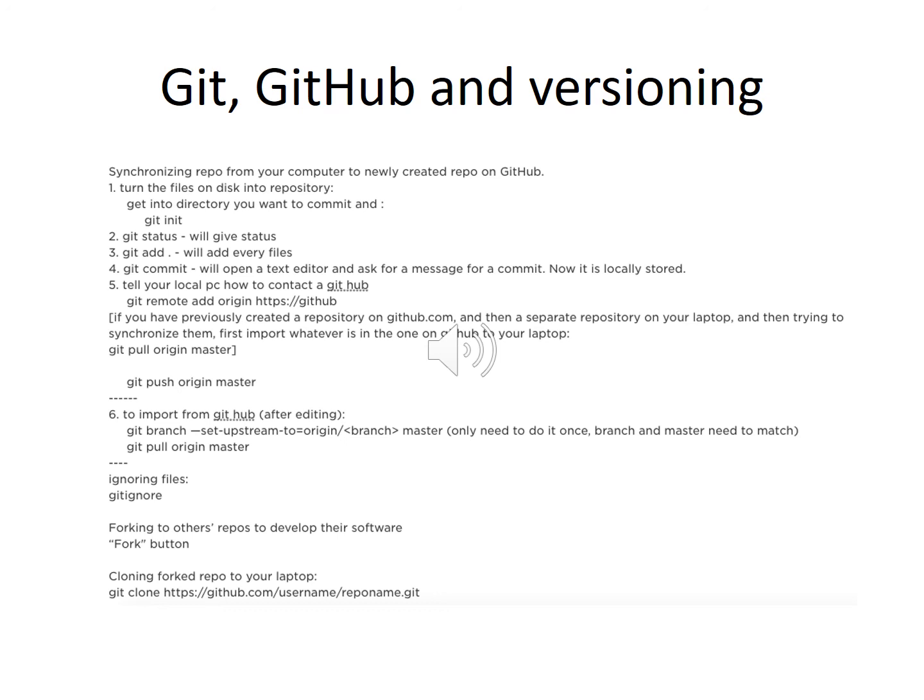You would include git commit -m, and then in quotes list some sort of documenting statement, like for example "first update", something that will let you identify this change that you made later on.